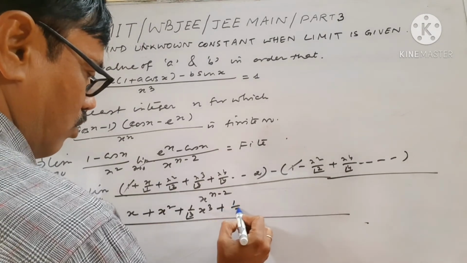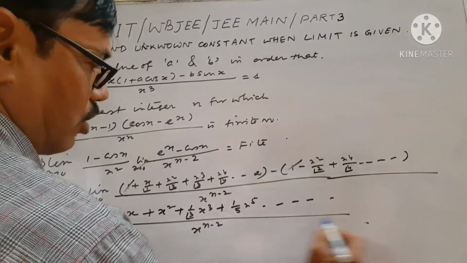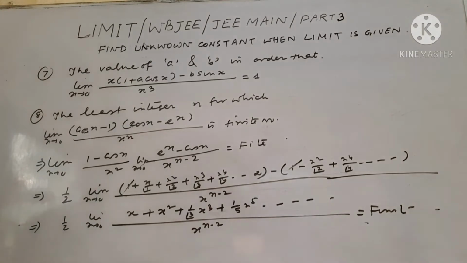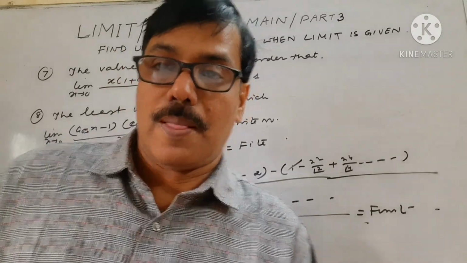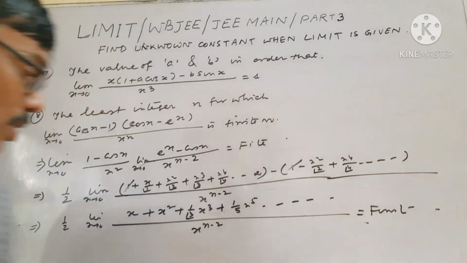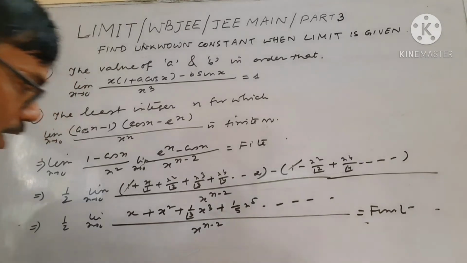Then 1 by factorial 5 x to the power 5, and so on, by x to the power n minus 2 equals finite. So we are getting x plus x square, this equals finite.